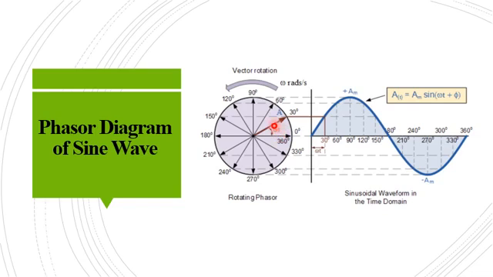From here we have to shift to 30 degree. That will give you the position of your phasor. And this height, or the projection of the phasor on the y-axis, is equal to the instantaneous value of your sine wave.